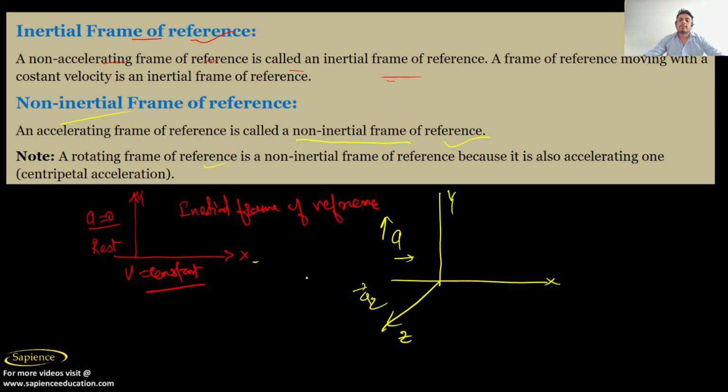Can you tell me why a rotating frame of reference is called non-inertial frame of reference? Because in a rotation, you know that in spite of being constant velocity also, it's uniformly accelerated motion. So wherever there is a rotation, if the frame is rotating, it means that there is an acceleration, and if there is an acceleration, then you need to say that this is your non-inertial frame of reference. So these two categories I hope you have understood now.